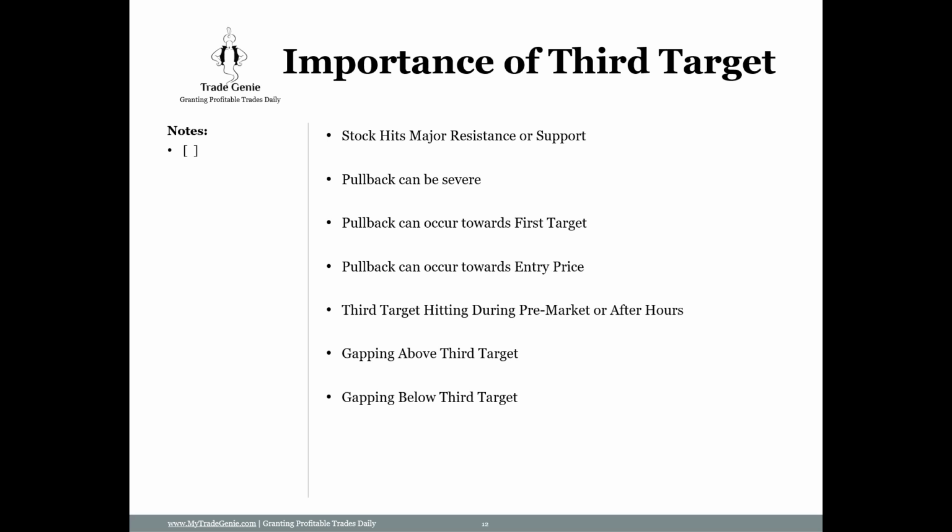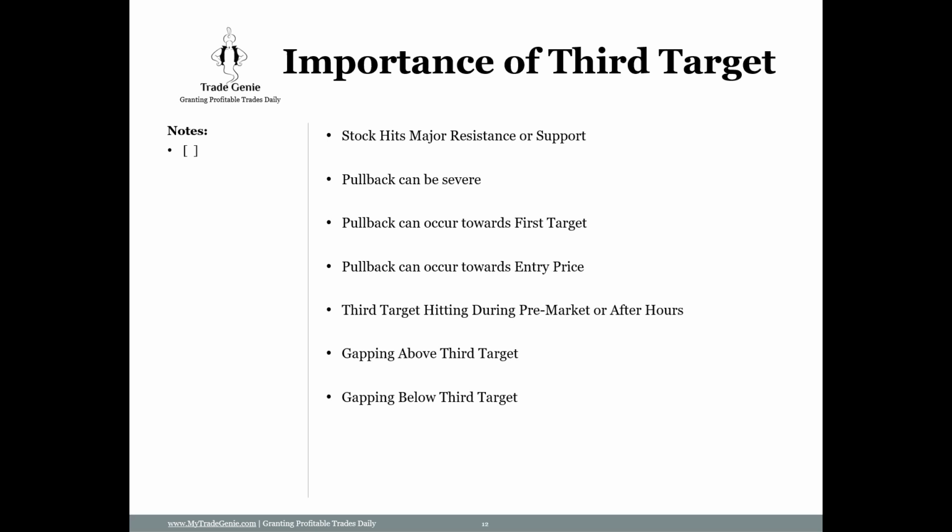So let's say the major resistance is 112, and the ATR of that stock is $4. You take 50% of the ATR, so it comes to $2. So $2 is the offset. The major resistance is 112, so I set the target at 110. So that is your target, 110.